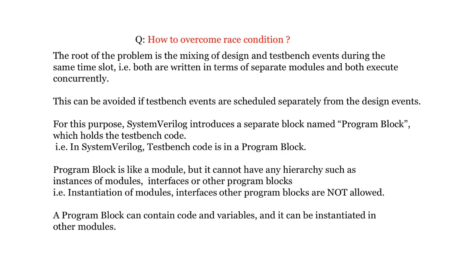If you differentiate the test bench from the module, then definitely both are not going to be executing simultaneously. We expect that first the DUT will be executed and proper values are produced, after that the test bench is going to give values to the DUT, and the cycle repeats.